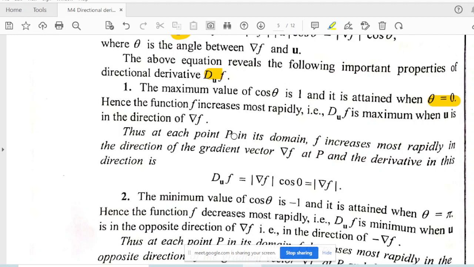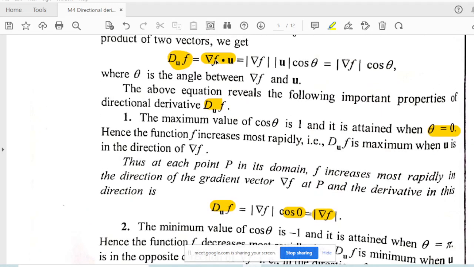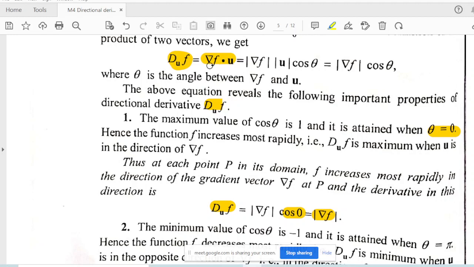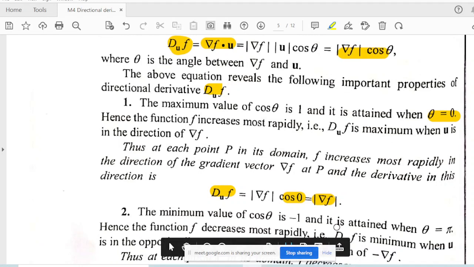So at each point P in the domain, f increases most rapidly in the direction of the gradient at P, and the derivative is, that is, at theta equal to 0, the value of the directional derivative is equal to magnitude of grad f into cos 0, that is equal to magnitude of grad f. Here we applied the a dot b formula, grad f dot unit vector u, and just put 0 for theta in this formula.